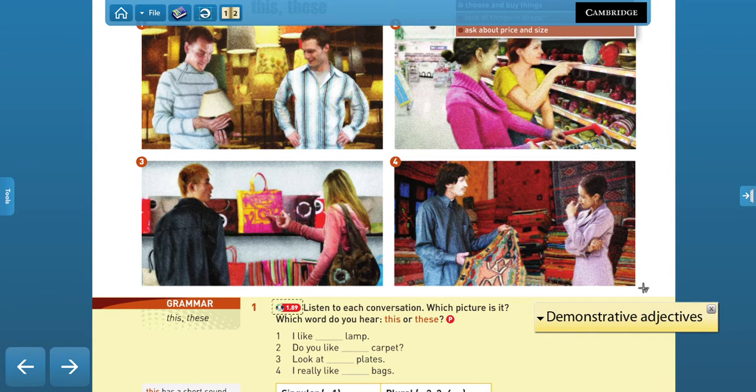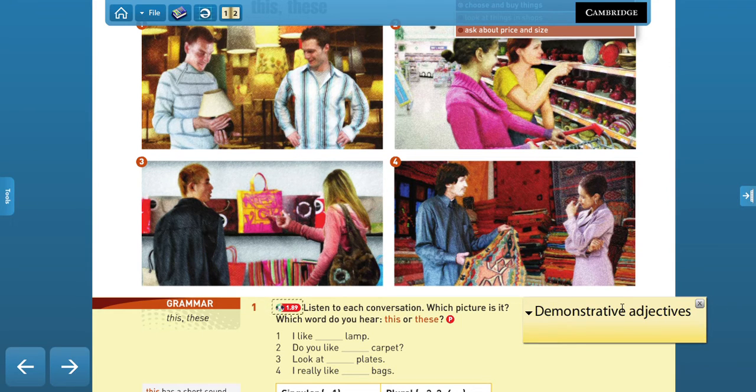Yeah, so these are demonstrative adjectives. Adjetivos demostrativos in Spanish, if I'm not mistaken, right? And we have 2 different types. So we have singulars and plurals, right? As you may know, for singulars we use the word this, and for plurals we use these, right?